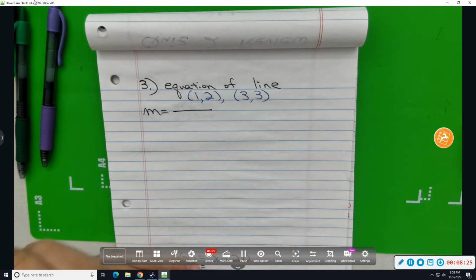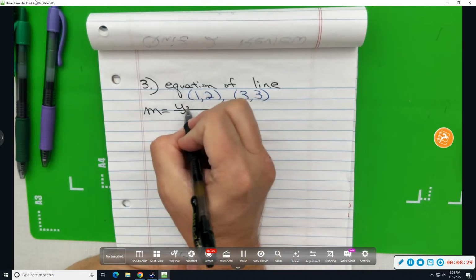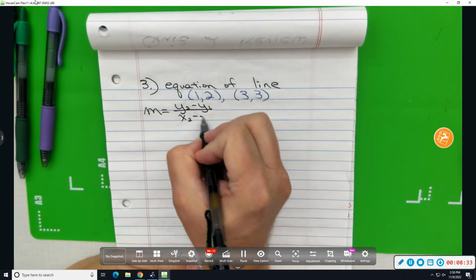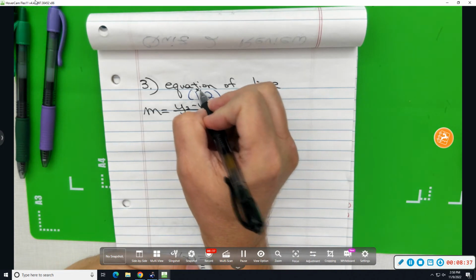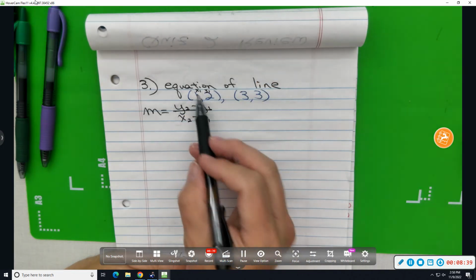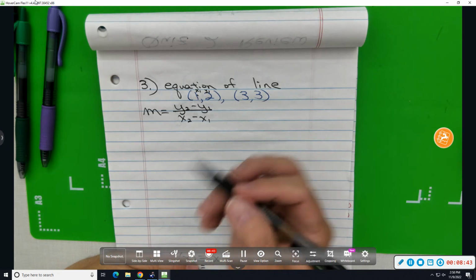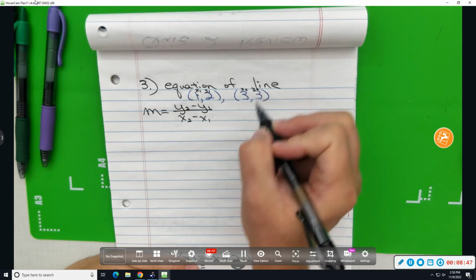No, that's the distance formula. Yeah, y2 minus y1 all over x2 minus x1. The first ordered pair we wrote down, I think of as x1, y1. The second ordered pair I think of as x2, y2.